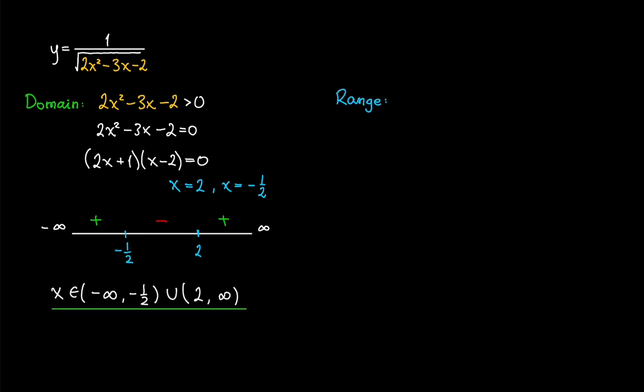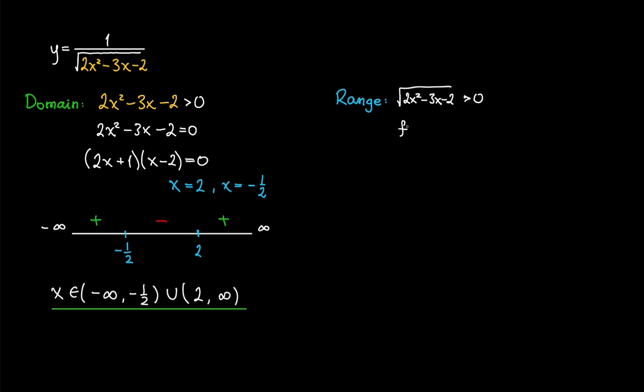We can now move on to finding the range, which is going to be more analytical because you have to observe certain key factors. The expression under the square root is always positive in the domain. That means that the square root of 2x squared minus 3x minus 2 is always going to be greater than 0.